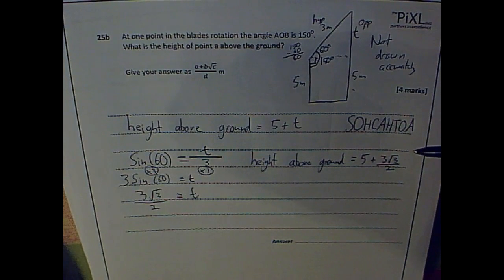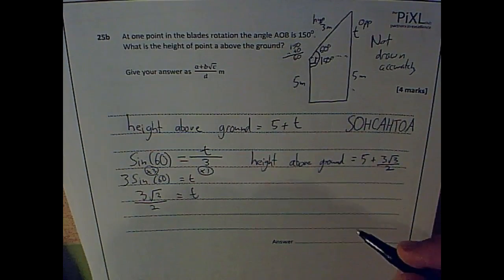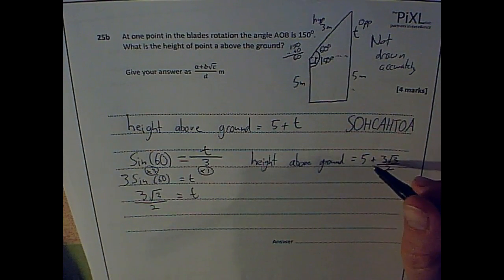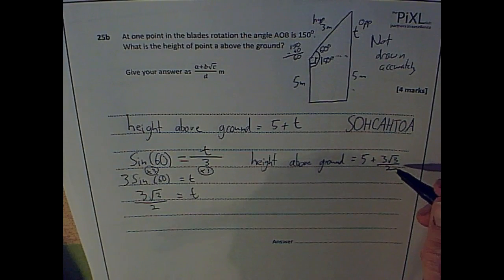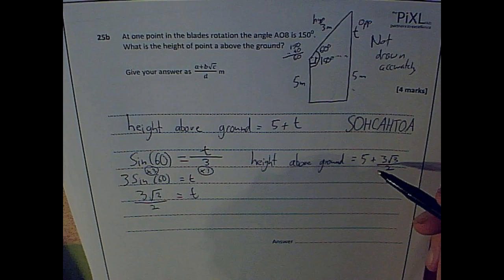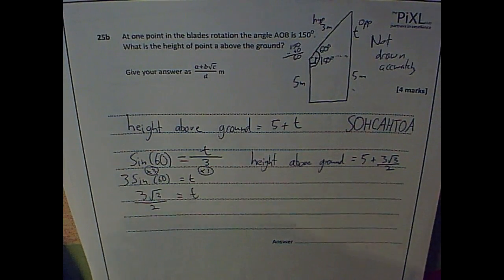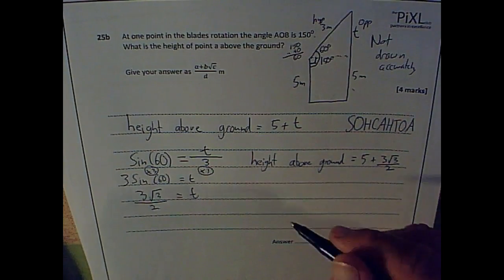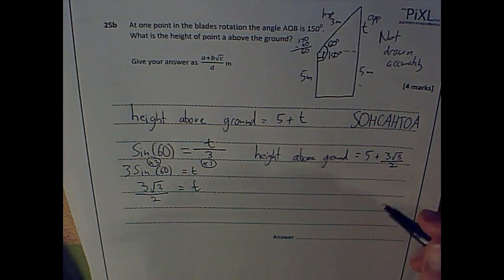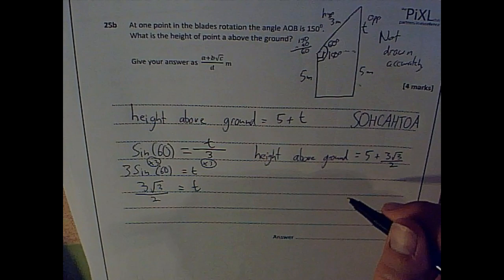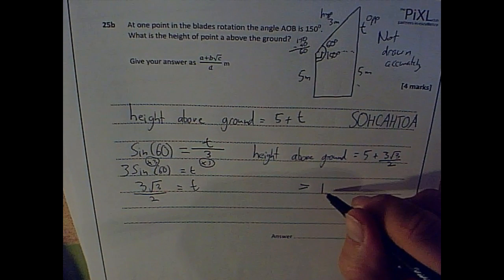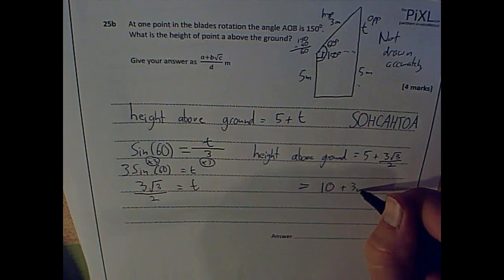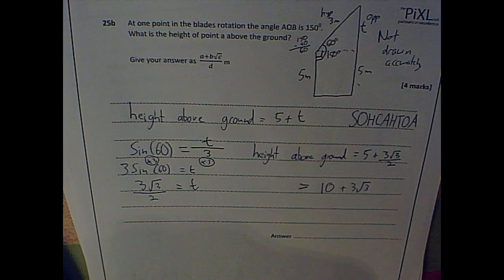What I can do is say, right, this 5, if I was to include it on the top, 5 plus 3 root 3 over 2, the problem is it would then be the equivalent of 2.5 plus 3 root 3 over 2, which isn't correct. So to keep this as 5, I'm going to say that 5 plus 3 root 3 over 2 is the same as 10 plus 3 root 3, all over 2.